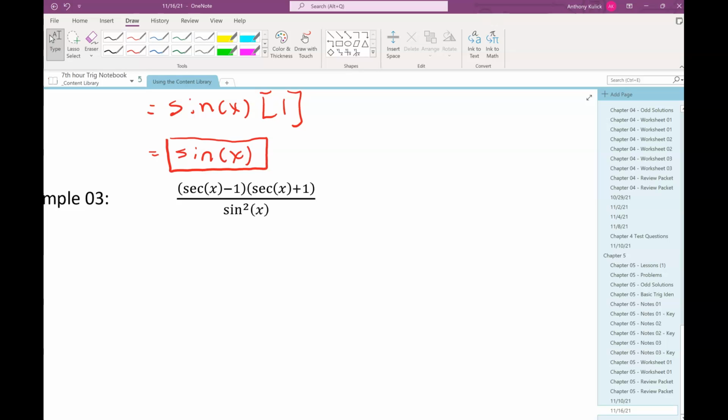Screams FOIL, right? Notice that in this particular case, we have a difference of two squares, like an a minus b times a plus b. You guys see that? So I'm going to use that difference of two squares pattern to just do the multiplication really easily. Now you could still have FOILed that out and you'd end up at the same spot. I'm just using that as a shortcut so I don't have to do as much writing. Is everybody okay with that?